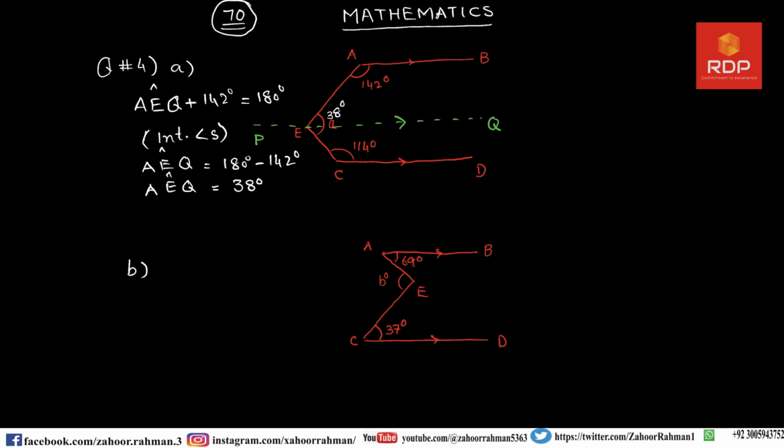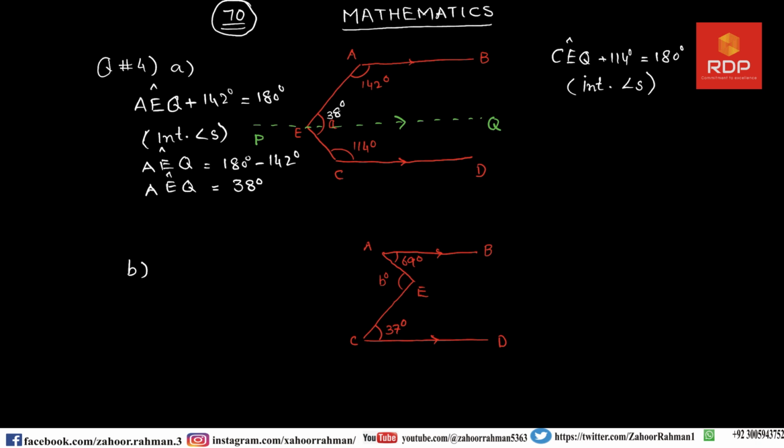I am writing for your understanding here. Next I am finding CEQ. CEQ plus 114 is equal to 180 degree, and that is also due to the interior angles, because PQ is parallel to CD.